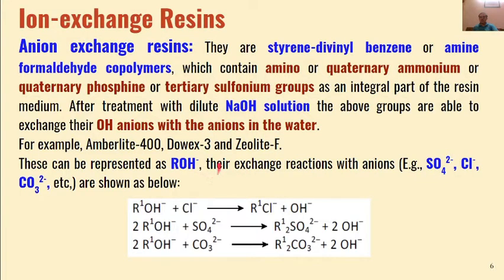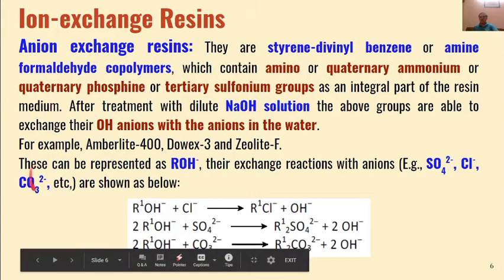So we can represent these resins as R OH negative, where R is our resin, and these functional groups on the resin can be exchanged with either sulfate ions, chloride ions, or carbonate ions present in the hard water.